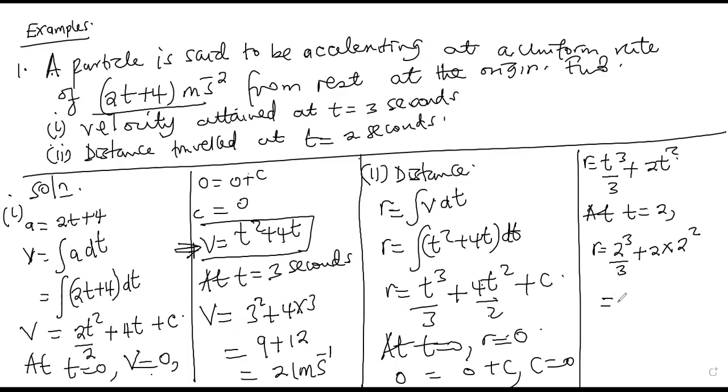So it will be 8 over 3 plus 8, which is 24 plus 8, 32 over 3, which is 10.6667 meters.